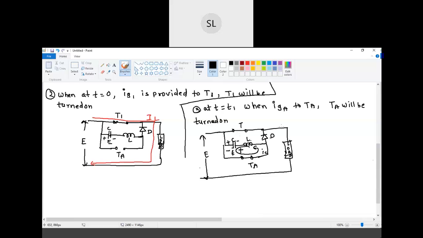Okay. So first of all, this capacitor will start discharging, giving out energy to the inductor.